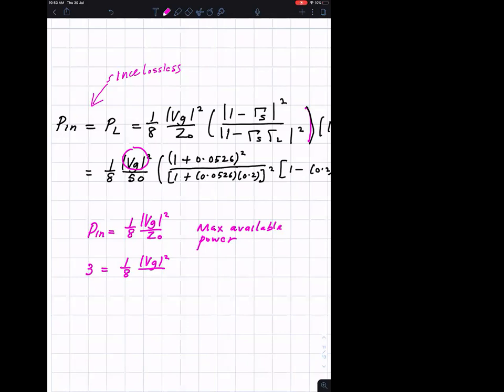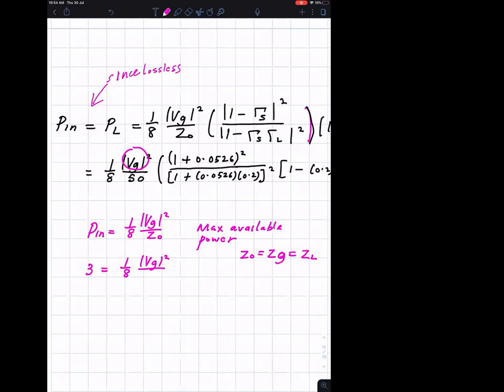It is under matched condition. That means Z naught is ZG, and ZG is ZL, right? Maximum available power is calculated under this condition, when all the reflection at the load and the generator is 0.